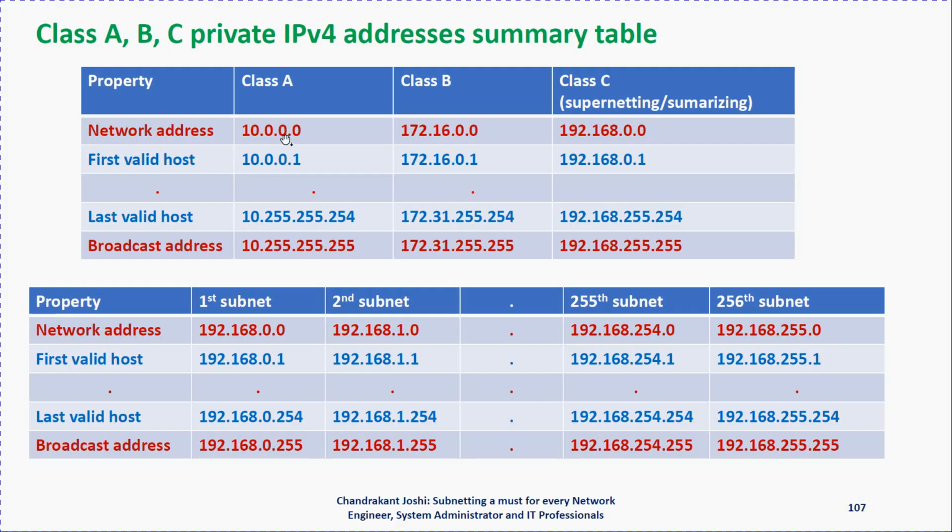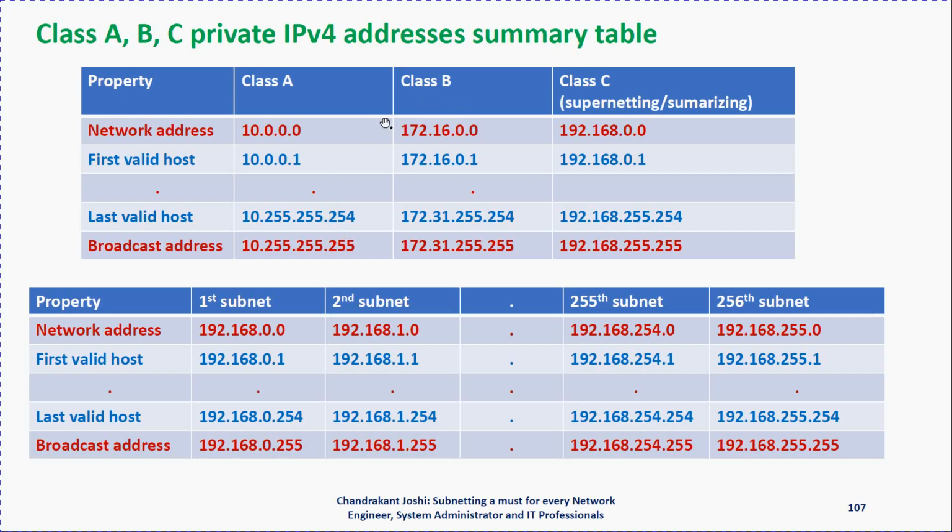The first valid host will be one more than the network address and the last valid host would be one less than the broadcast. If you count, they will be 16,777,214. We have already done this calculation in the previous video.